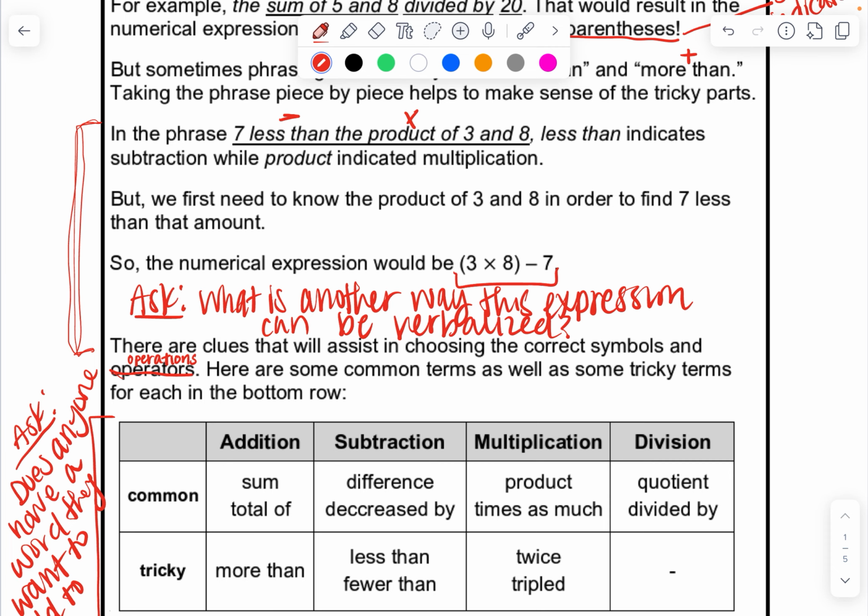Some students might say 3 times as much as 8, then decreased by 7, right? So let students know that the verbiage does not have to align with any other student so long as they're using the correct buzzwords to match the operations within the problem.